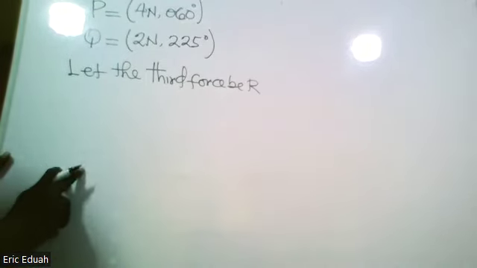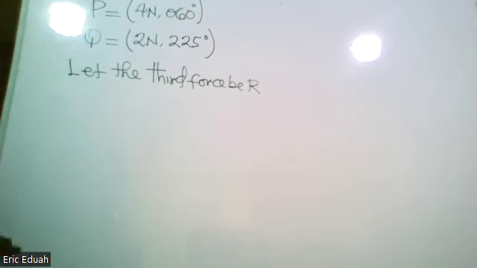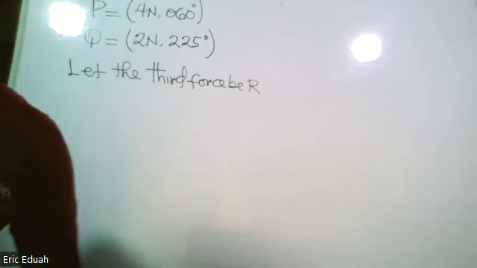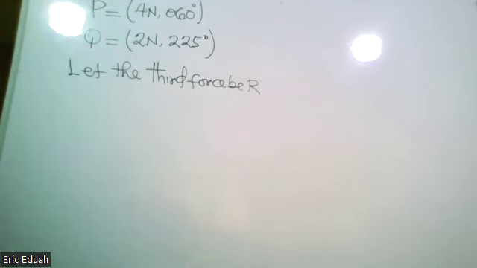So I said that when you have a number of forces acting on a body or at a point, when the equilibrant comes in, the net force is equal to 0, or the resultant force is 0.